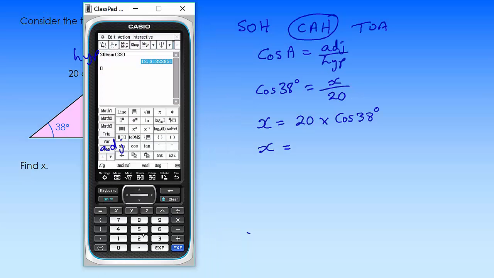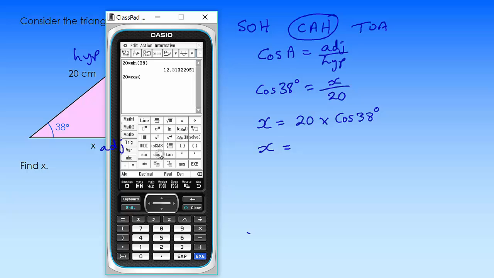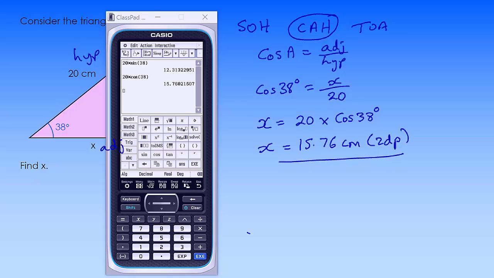So we have 20 multiplied by the cosine of 38 degrees, and that's 15.76. So 15.76, the units once again were centimetres, and that's given correct to 2 decimal places.